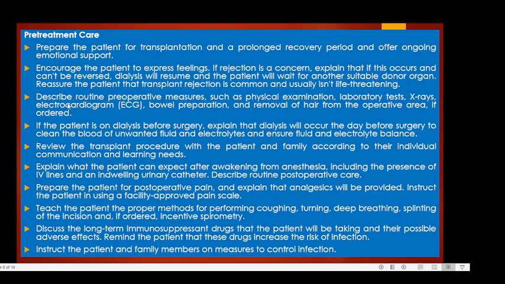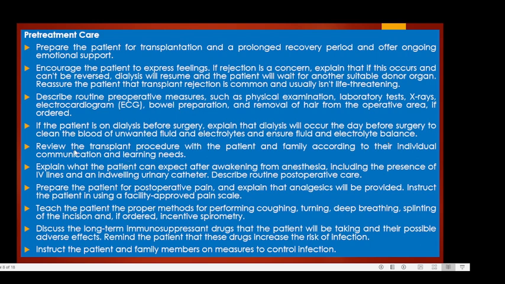Number three, you need to describe routine preoperative measures such as physical examination, laboratory tests, X-rays, ECGs, bowel preparation, and removal of hair from the operating area if ordered. If the patient is on dialysis before surgery, you explain that dialysis will occur the day before surgery to clean the blood of unwanted fluid and electrolytes and ensure fluid and electrolyte balance is maintained.